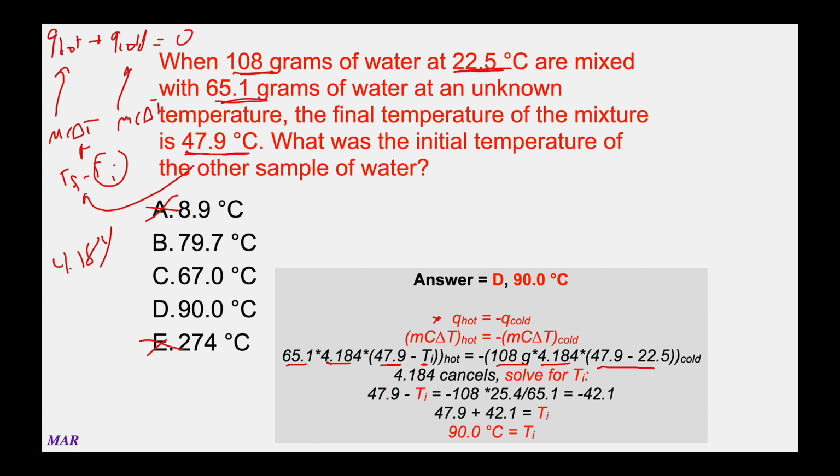So when you go through the math, and I encourage you to follow it, looks like the initial temperature, 90 degrees Celsius, all right? So the water started at 90 degrees Celsius. It was mixed with water at 22.5 Celsius, and at the end, it ended up at 47.9 degrees Celsius. Kind of a cool way to figure these things out.